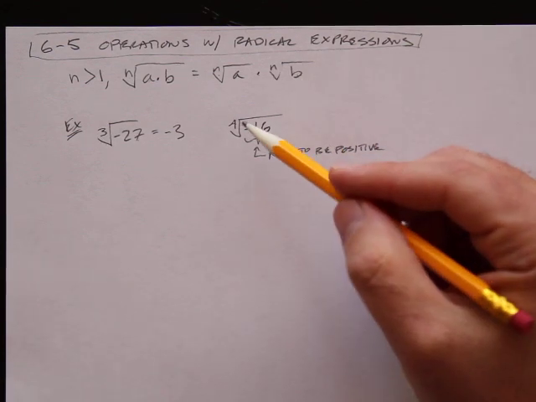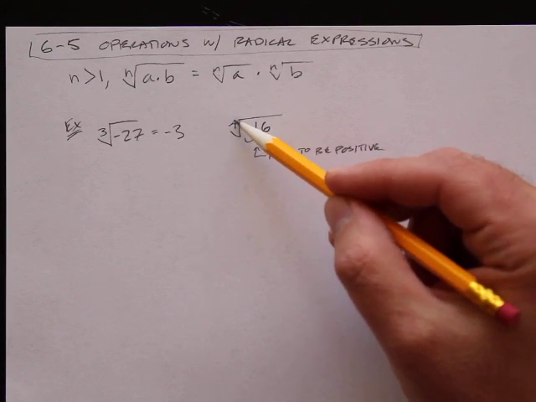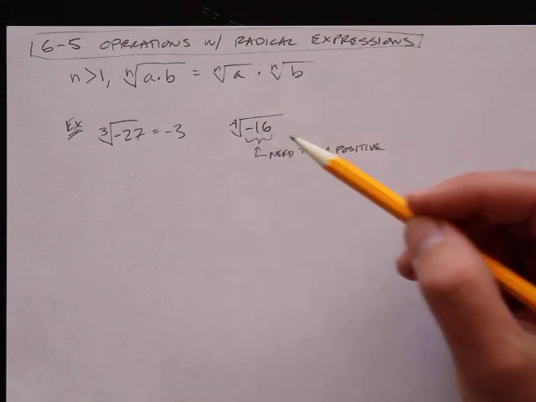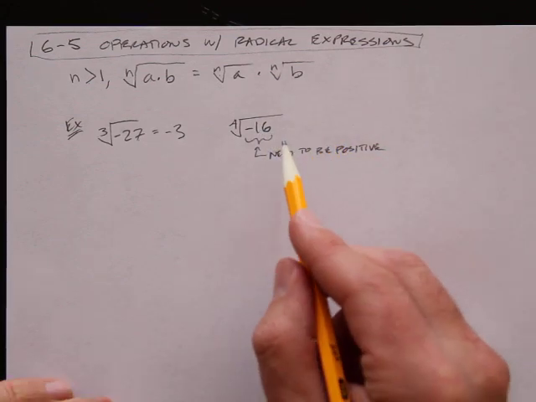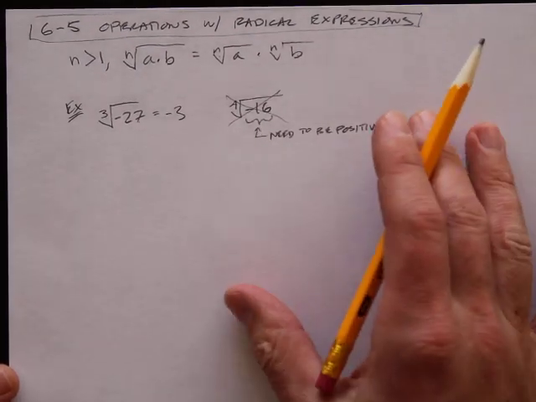So if you have an even number for your index number, then your radicand needs to be positive. So that's a no solution situation there.